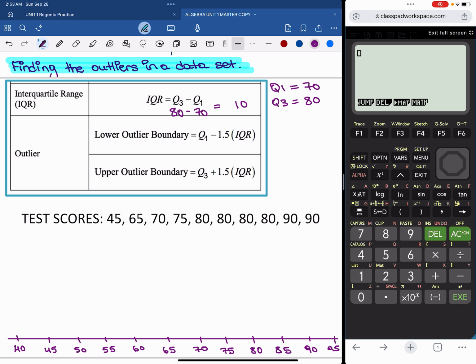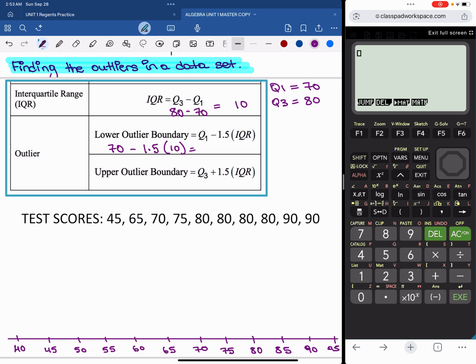Next step, we want to use our IQR to find the lower boundary. Our lower boundary is Q1 minus 1.5 times the IQR, and it's always going to be this 1.5 number. So we have Q1, which is 70, minus 1.5 times our IQR, which is 10.